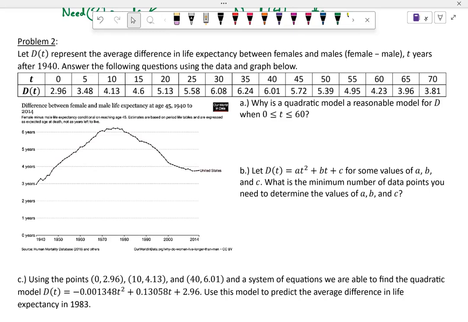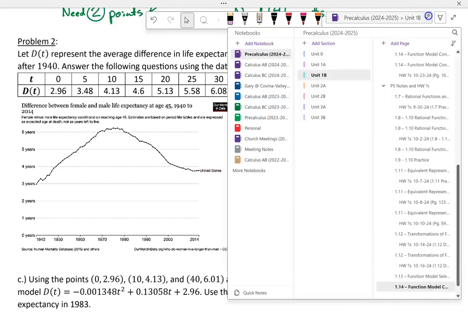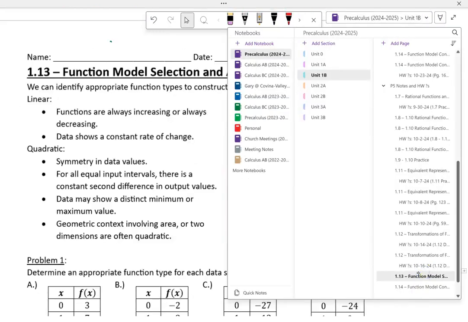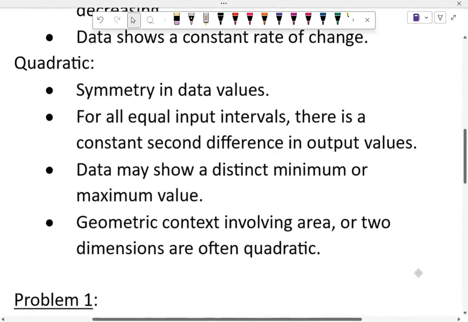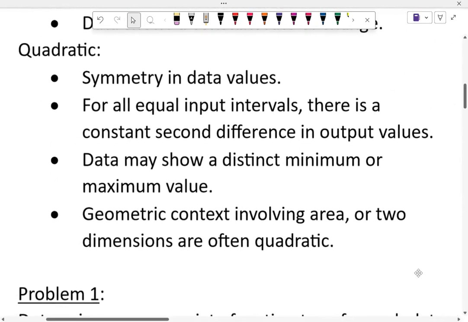Let's go back to that 1.13, previous page, previous notes. What are some of the characteristics of a quadratic? What's the first one? Symmetry in data values. So that means that there should be some place where data values kind of start repeating. There's some symmetry going on.